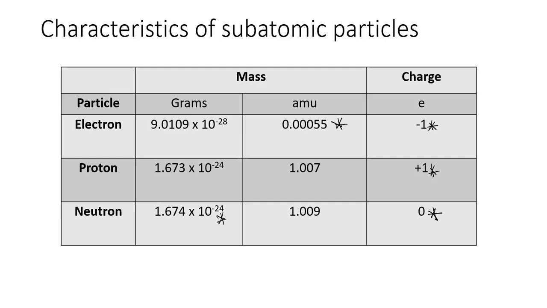Now, if we look at the masses of electrons and protons, we can see that the electron really has a very small mass, which is almost negligible. But the mass is there, yet it is negligible. So really, when talking about an atom in terms of mass, we use these two. We use protons and neutrons.